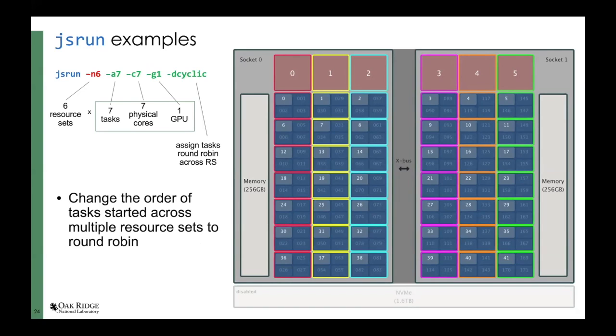In this example, we left everything the same, but we changed our distribution to be more of a round robin. So we changed it to cyclic, which says place the first task in resource set 0, place the next task in resource set 1, and keep going until you've placed 1 task in each of the resource sets, and then come back around to resource set 0 and place the next task there. So it's more of a round robin fashion.